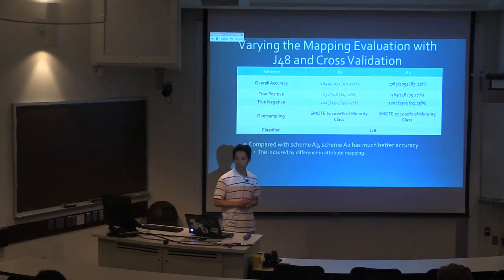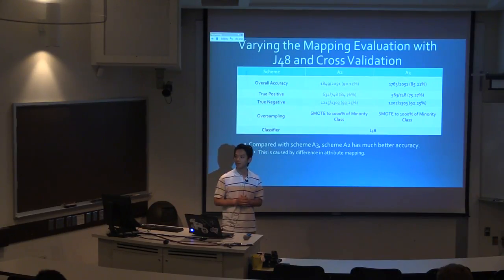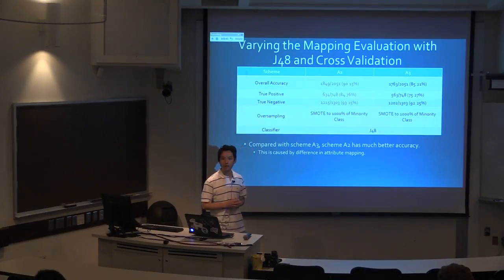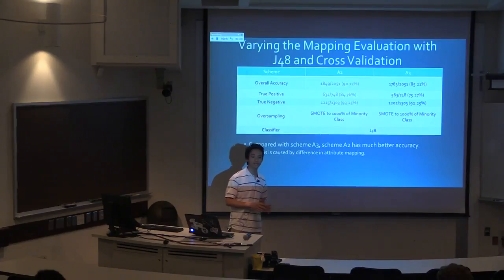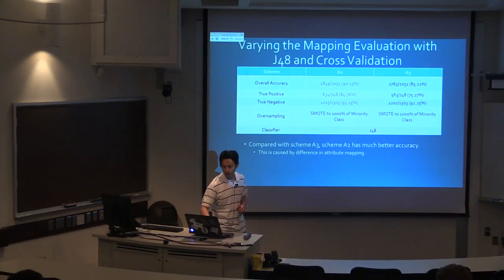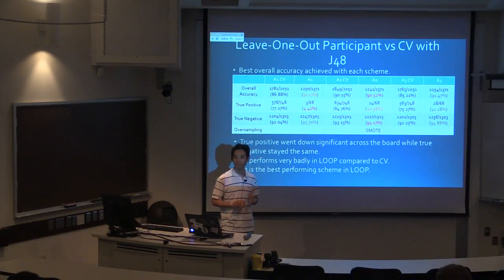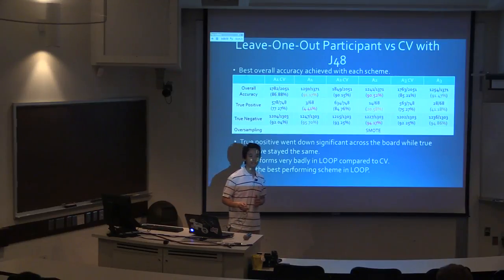But like I said before, cross-validation does kind of even out the distribution a bit. So I also want to do leave-one-out participant analysis to see how well the classifier can perform on independent testing sets, like just a random set from any person. And the result from that is A1 from the previous research kind of just drops off a cliff in terms of true positive.